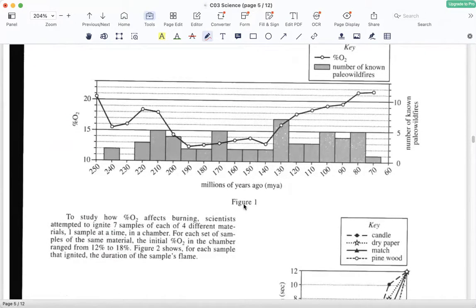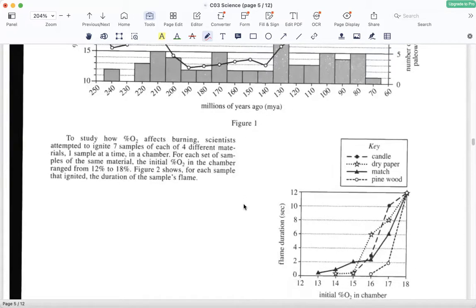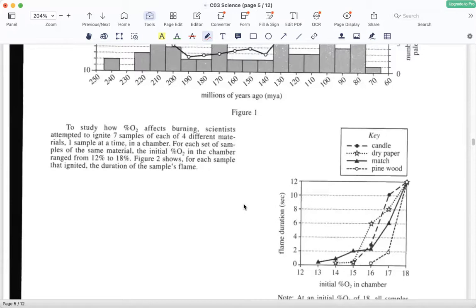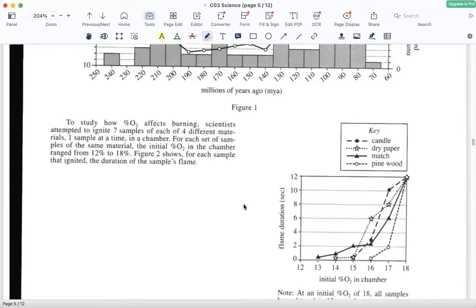To study how percentage oxygen affects burning, scientists attempted to ignite 7 samples of each of 4 different materials, 1 sample at a time in a chamber. For each set of samples of the same material, the initial percentage oxygen in the chamber ranged from 12 to 18%. Figure 2 shows for each sample the duration of the sample's flame.